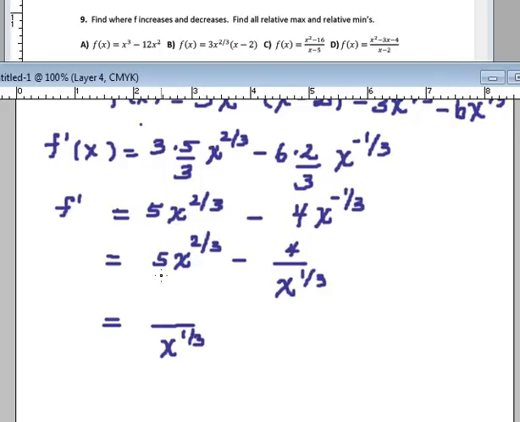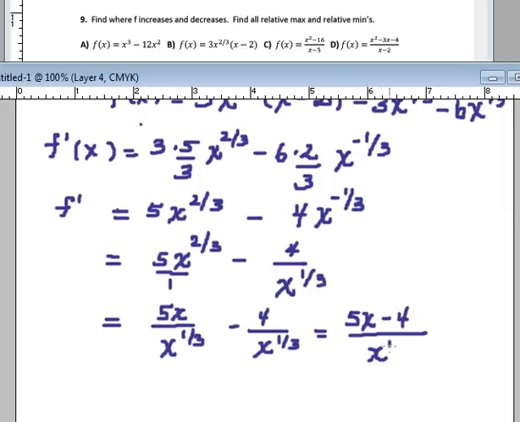This is 5x to the 2/3 over 1. Now multiply the top by x to the 1/3, and we have 5x to the 2/3 plus 1/3. That's just x to the 1. So here I have a 5x. Okay, so we get 5x minus 4 in the numerator over x to the 1/3.